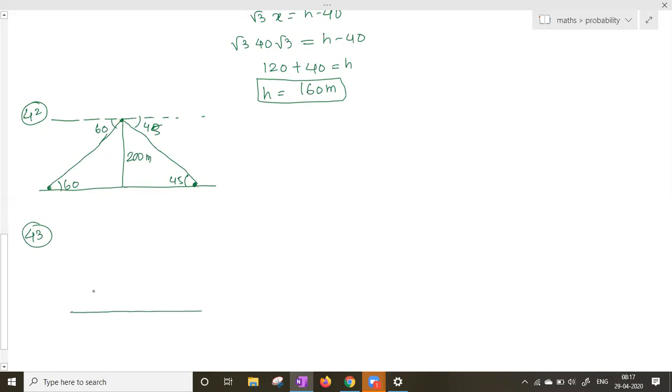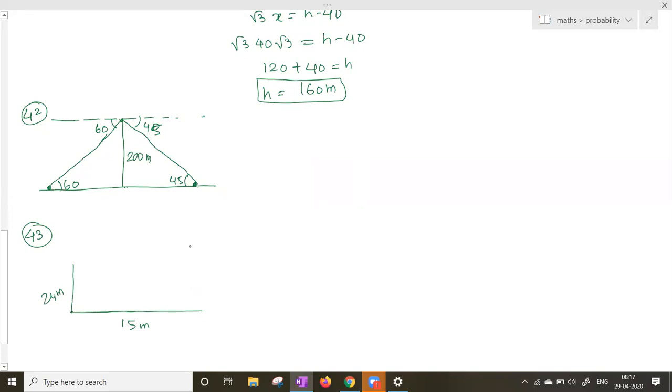Ma'am, the horizontal line is 15. One pole is 24 meters. This is 24 meter, and the other we have to find.